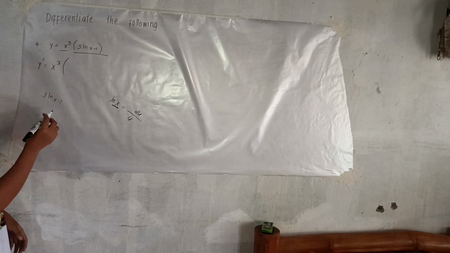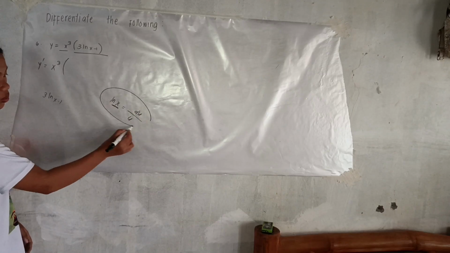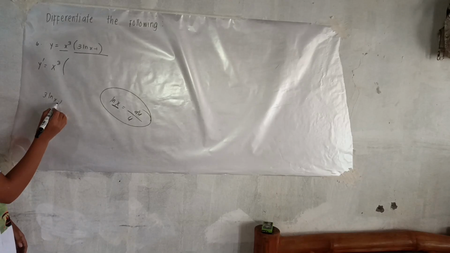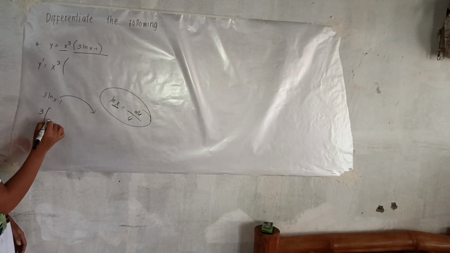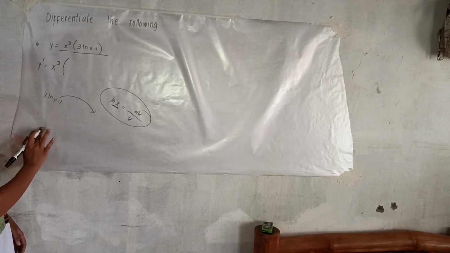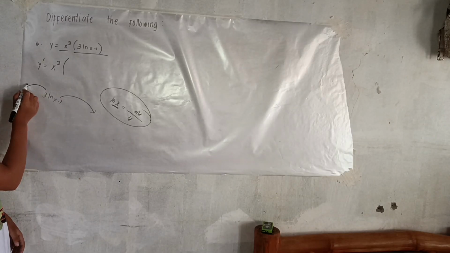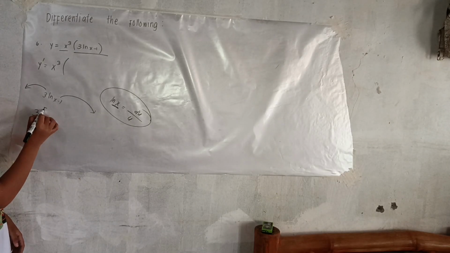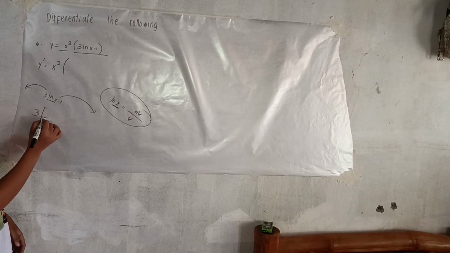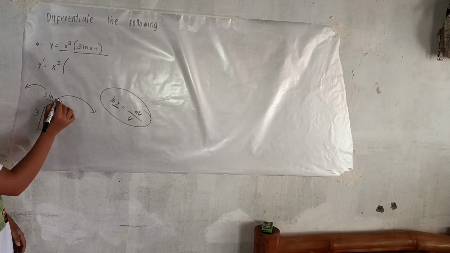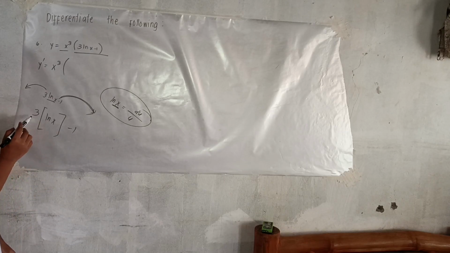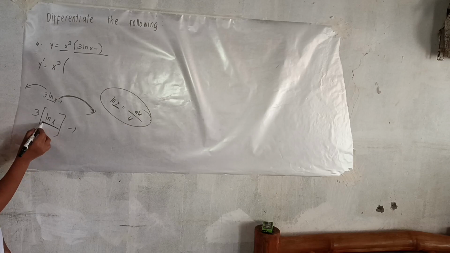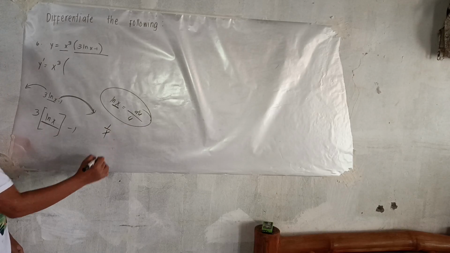So it becomes 3, and since 3 is a constant multiplier, we can take it out. So we take out 3, then derive ln x, and then take out the negative 1. So 3 times the derivative of ln x, which is 1 over x.